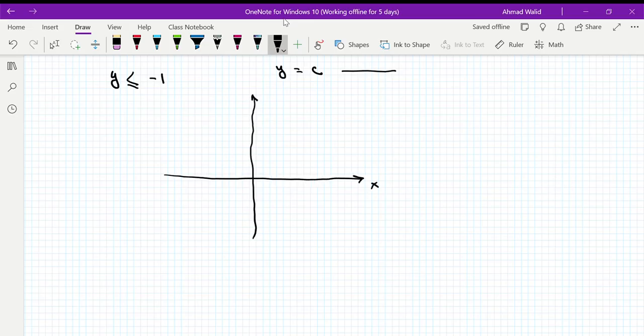For example, at -1, draw a horizontal line. But remember, you are dealing with less than or equal to. You are drawing a solid line. Now, which side to shade? Less than, the lower part.